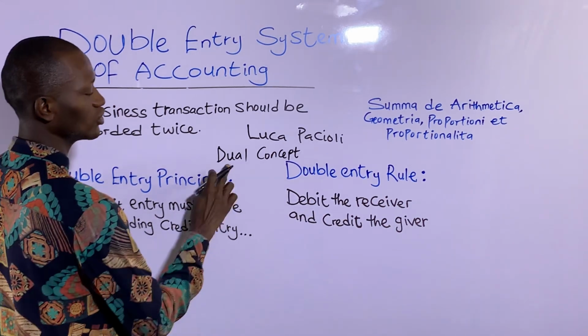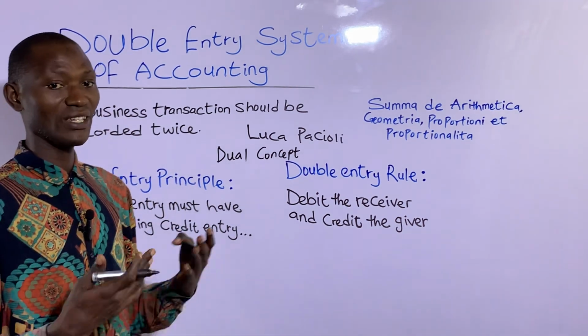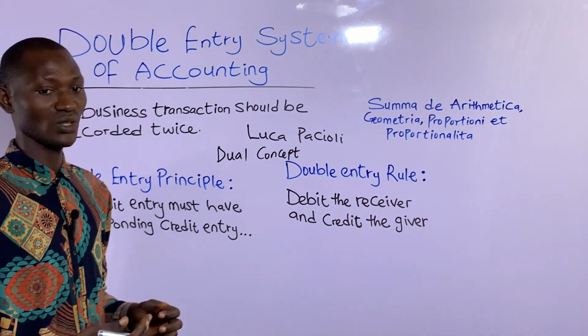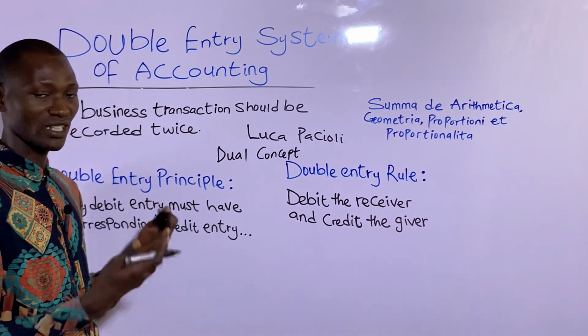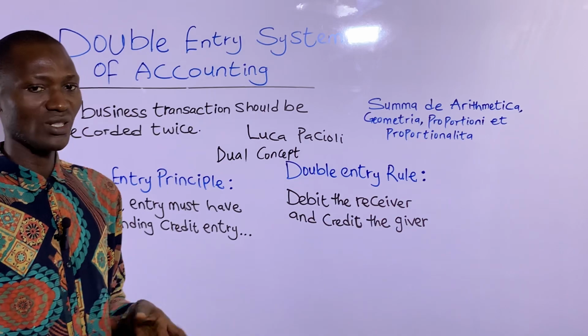Dual means two. And this dual aspect concept supports that a business transaction should be recorded twice in the books of accounts. This concept gave birth to the accounting equation, which is the fundamental of accounting today. It is also saying that in every business transaction, there are usually two entries or two parties.